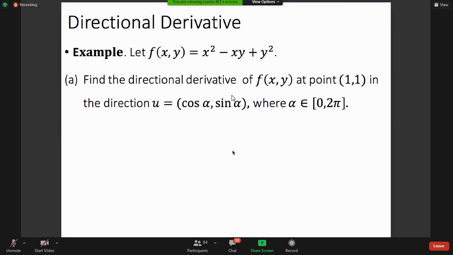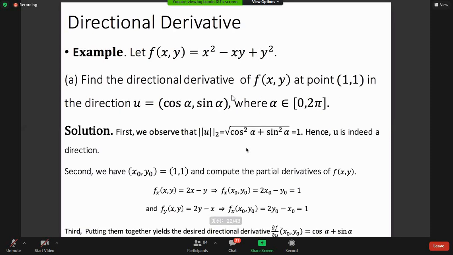Okay, let's look at the solution. First of all, again, we should decide the direction. As we all know, according to the definition, the direction should be a unit vector. So we should first calculate the length, and the length should be 1, and so this one should be the direction.